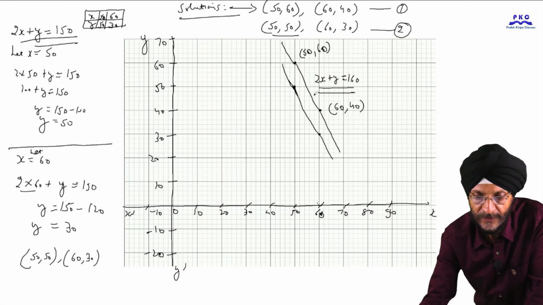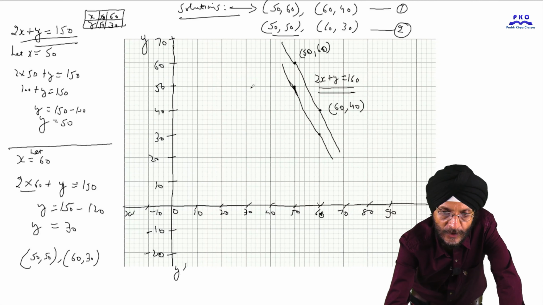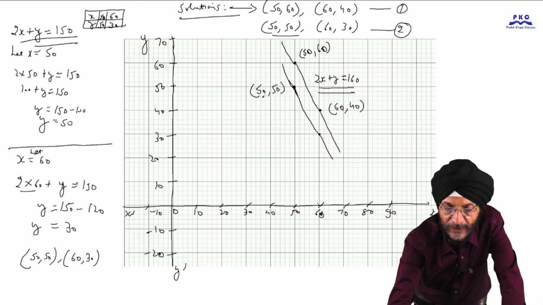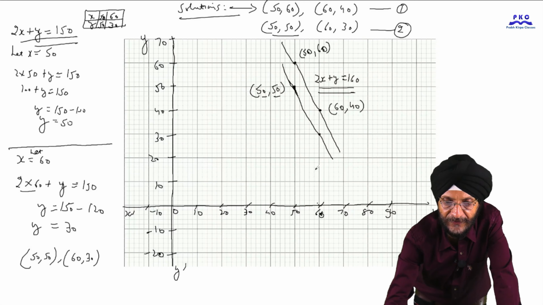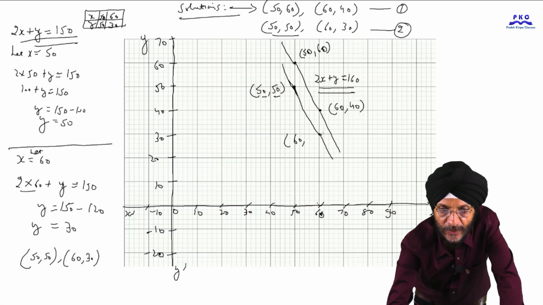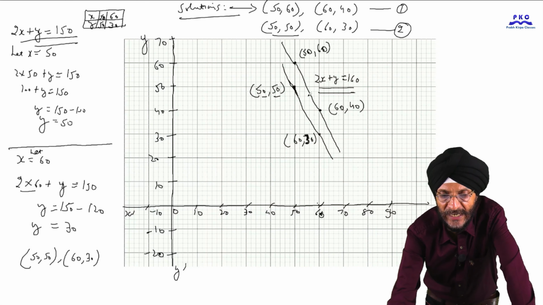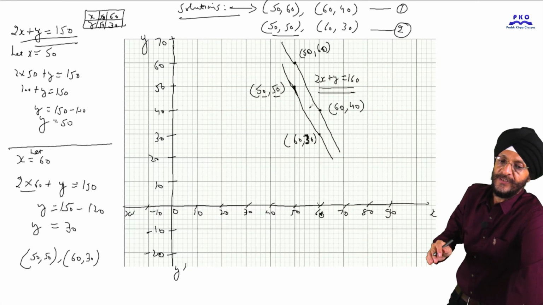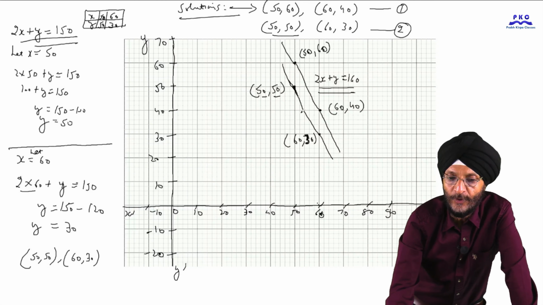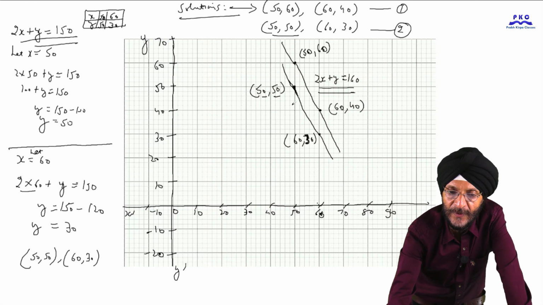This is the point. So now we will also write here what the solution is. 50, 50, value of x 50, value of y 50. Here the value of x is 60, value of y is 30. So now we will also write the equation so that we can show on the picture to which equation this straight line pertains.